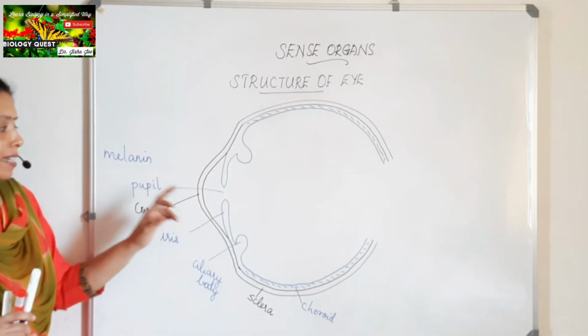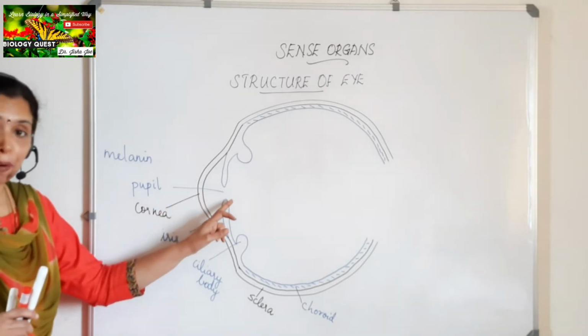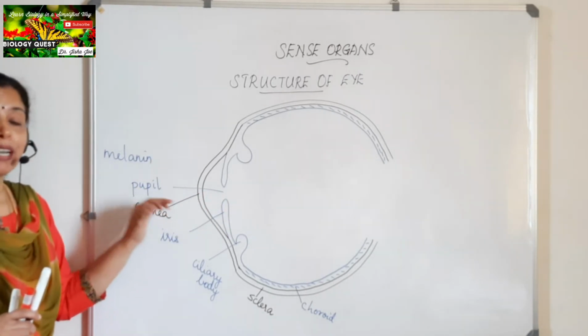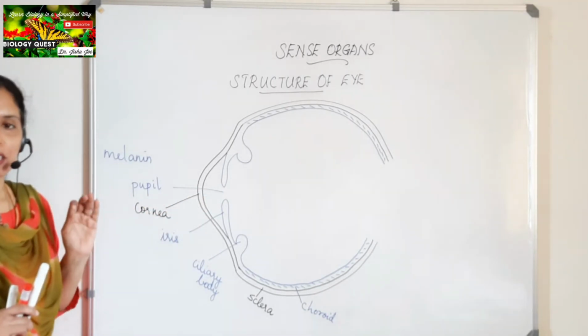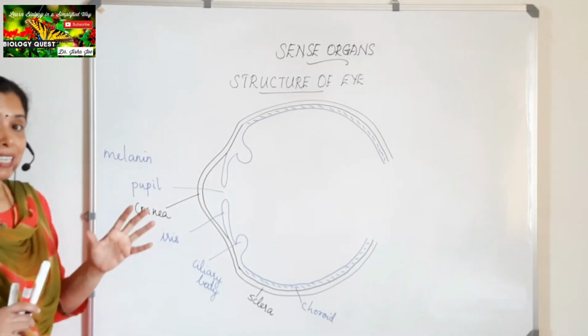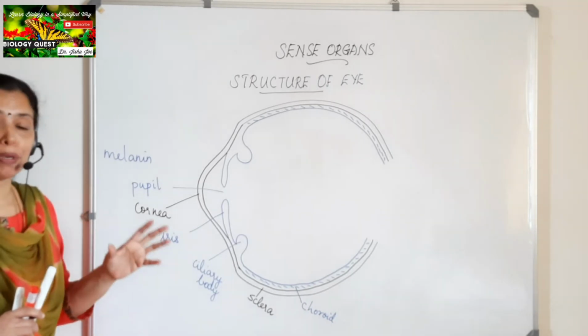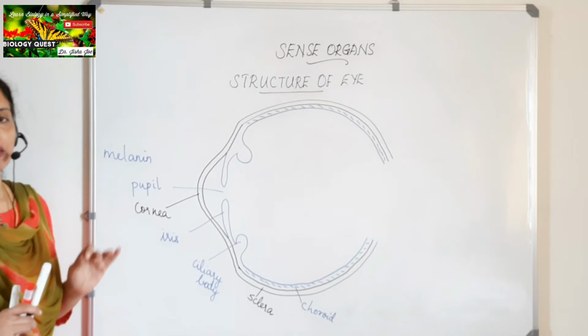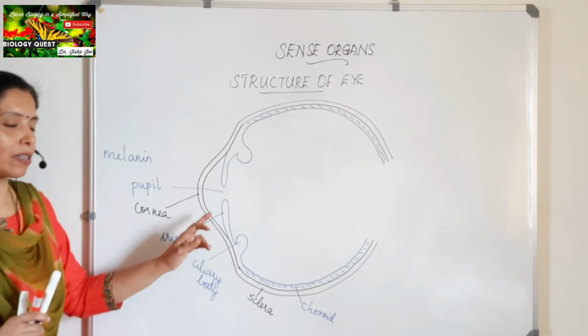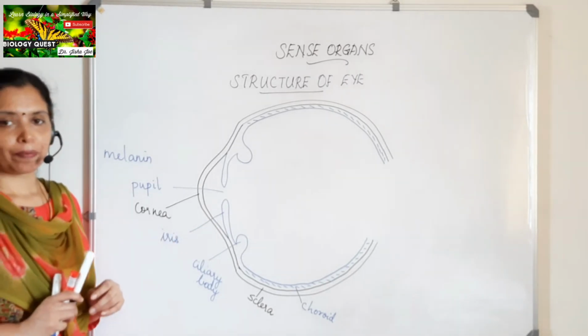The iris leaves a small opening which is called the pupil. The light enters into the eye through that small opening, the pupil. The widening and the constriction of the pupil is brought about by the activity of the radial and circular muscles that are present on the iris.